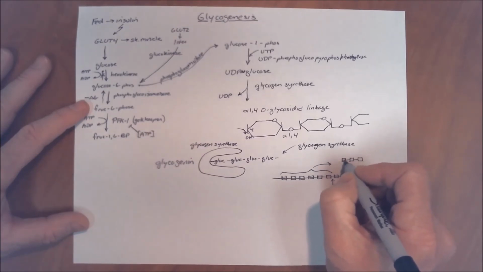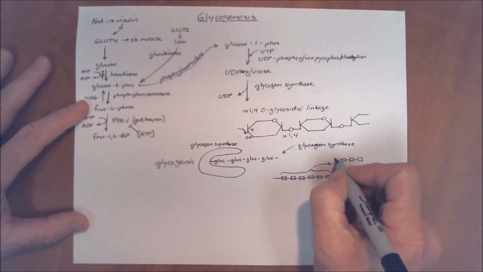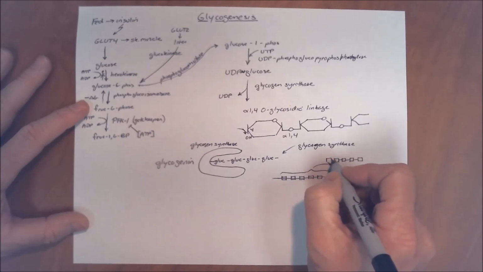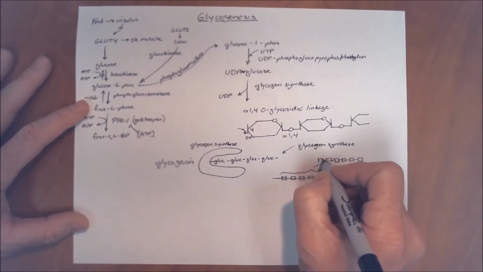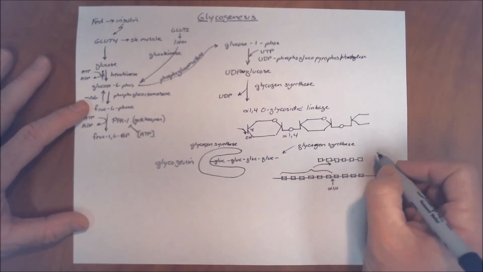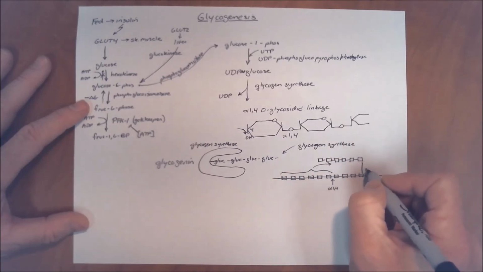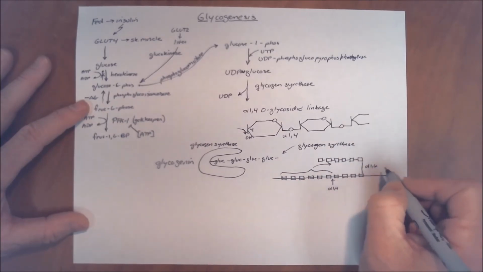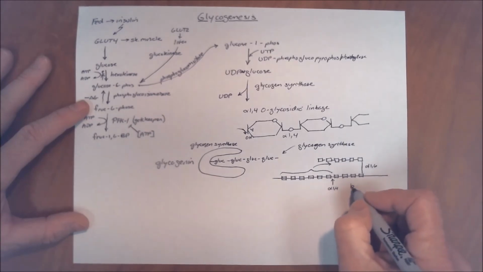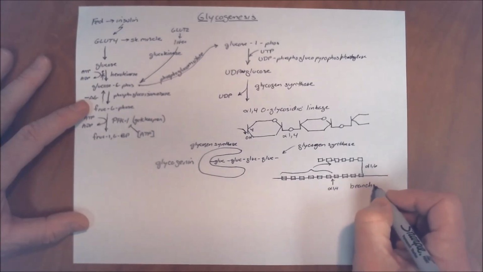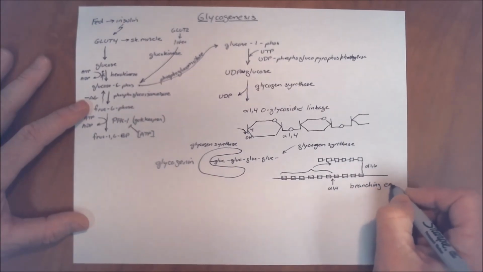So notice that I've drawn approximately 6 residues. So once 6 residues form, then we are going to form the alpha 1,6 branch. And this is done by an enzyme called the branching enzyme.